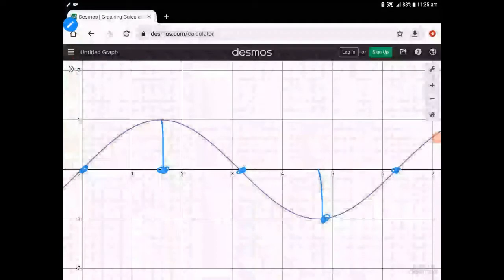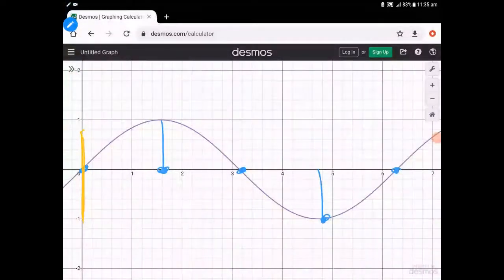So the tangent at the point 0 is like this. This is the tangent at the point 0, and the tangent at this point is like this, and the tangent at this point is again like this, and the tangent at this point is again like this.